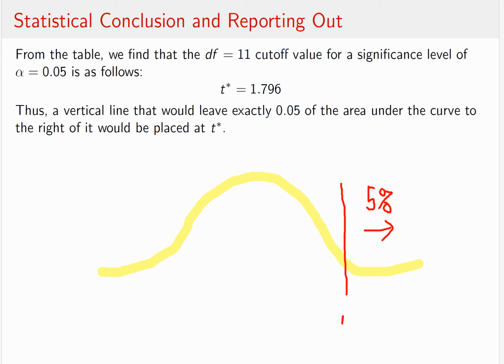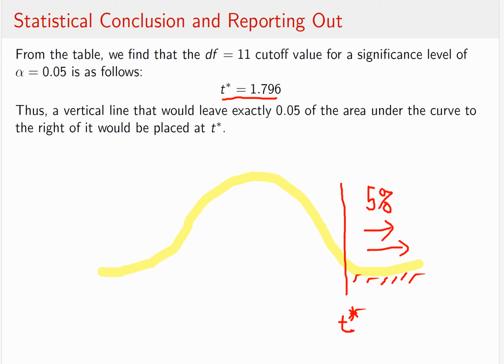If I draw a red vertical line at T star, I'll trap exactly 5% of the area. That means that any p-value that would be less than 0.05 would be a test statistic value that's to the right of this vertical line. This is the rejection area, the rejection region. Out here to the right of this T star value is the rejection region.